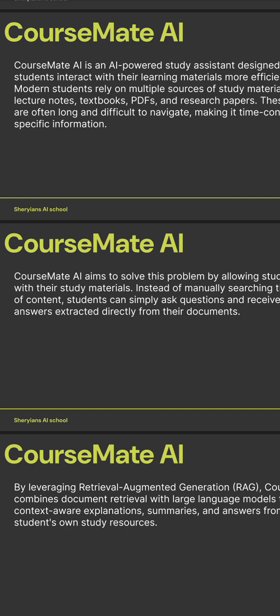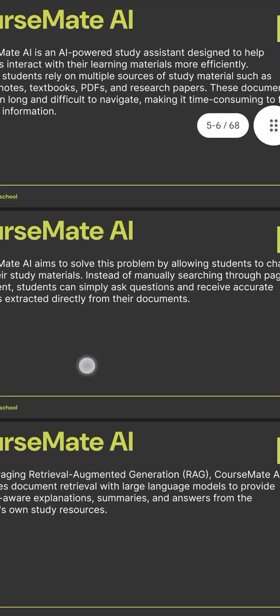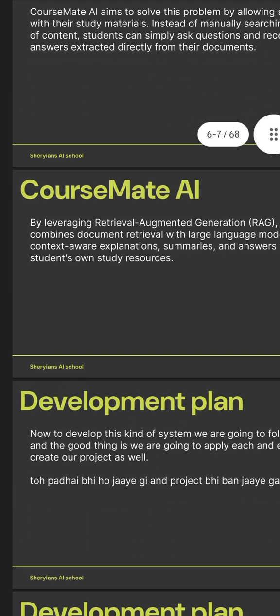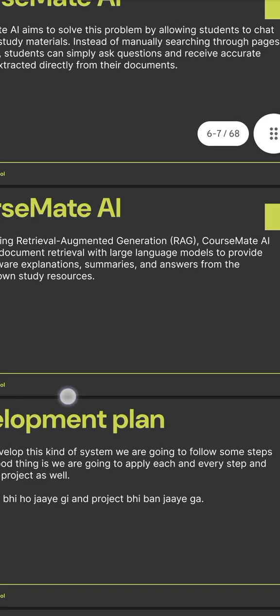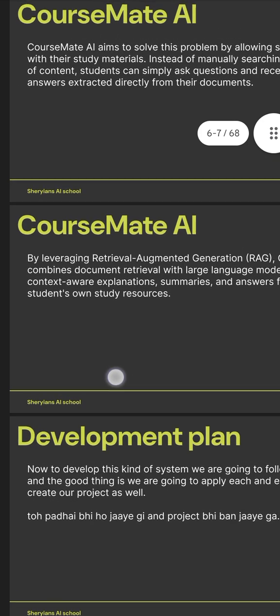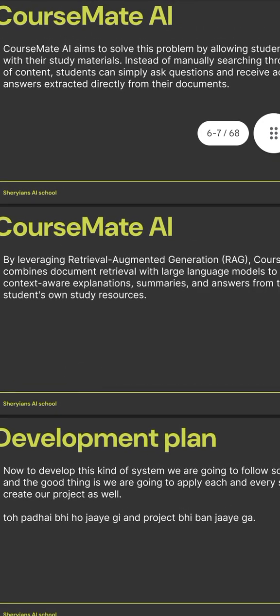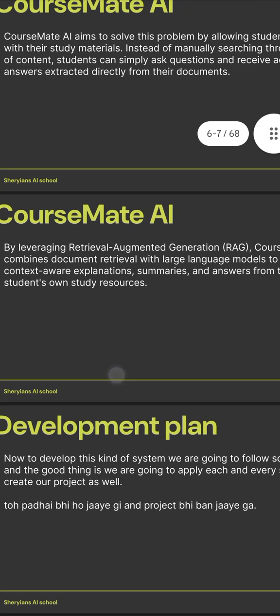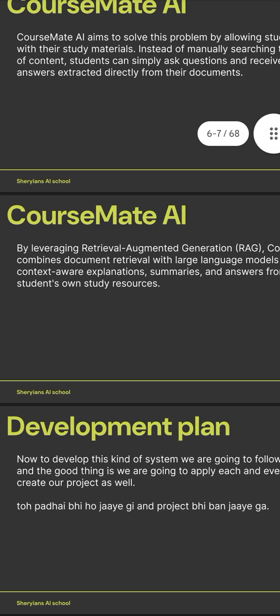Students can simply ask questions and receive accurate answers extracted directly from their documents. By leveraging retrieval augmented generation, CourseMate AI combines document retrieval with large language models to provide context aware explanations, summaries, and answers from students' own study resources.